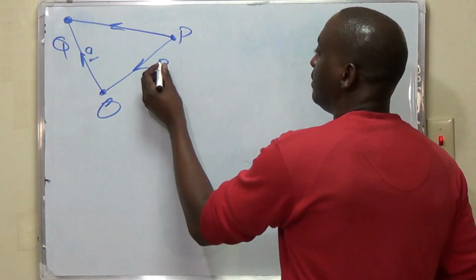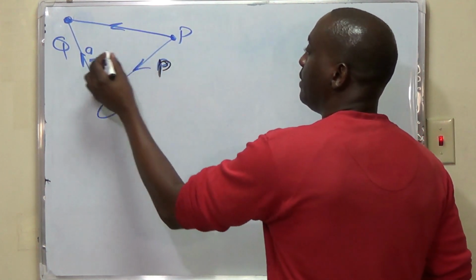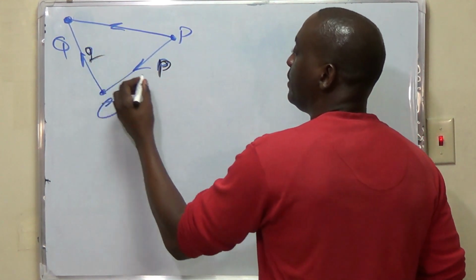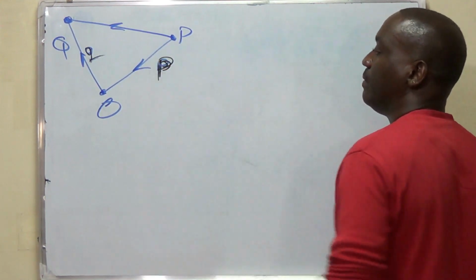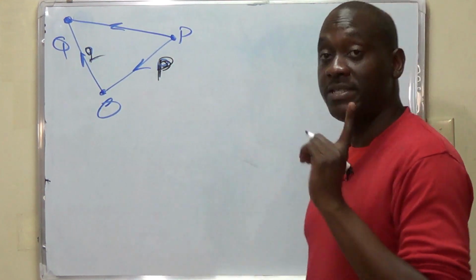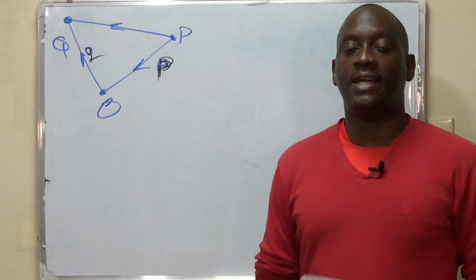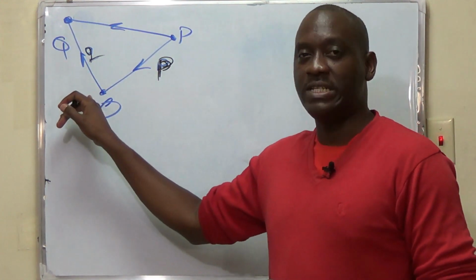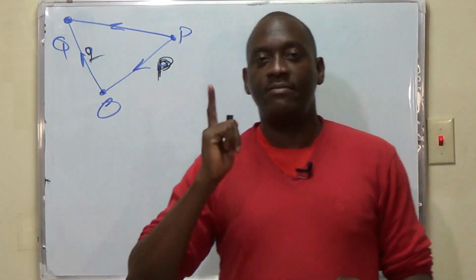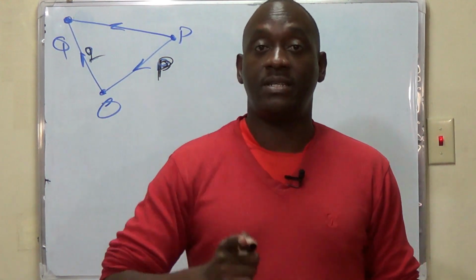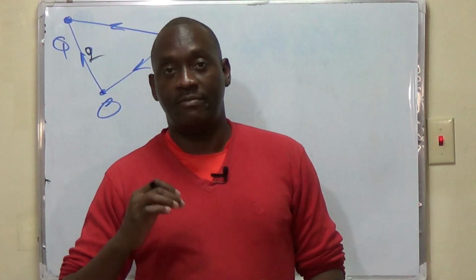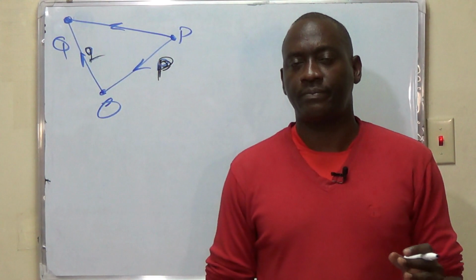Your position vector is p, and your position vector for the point Q is q. Position vectors, of course, are defined with reference to the origin. The only vectors that you could refer to as a position vector are vectors defined with reference to the origin.